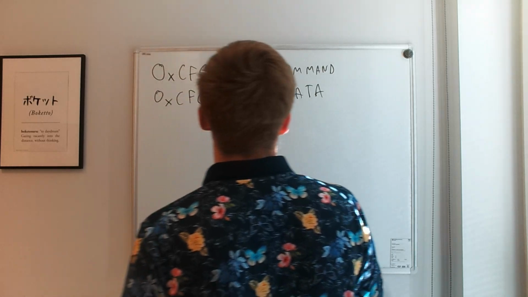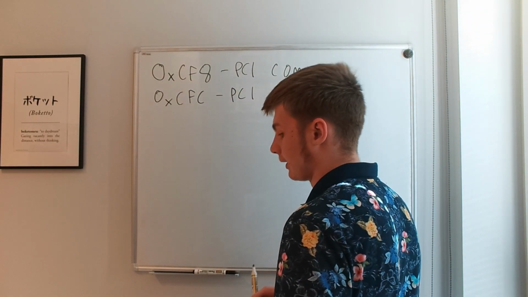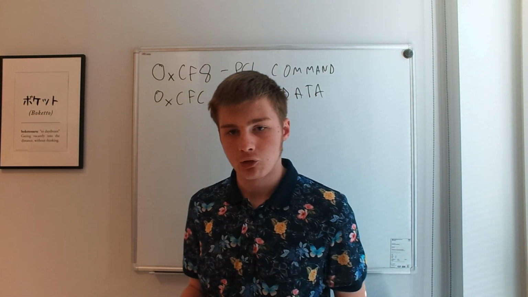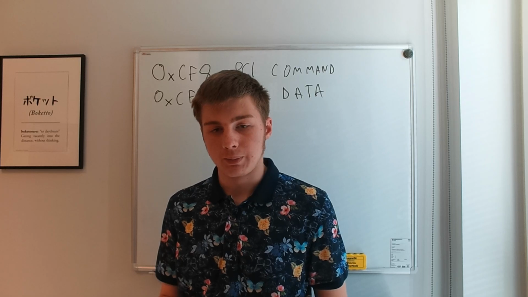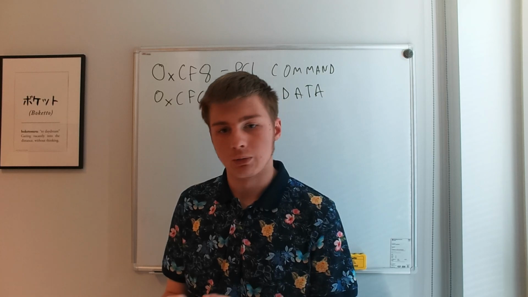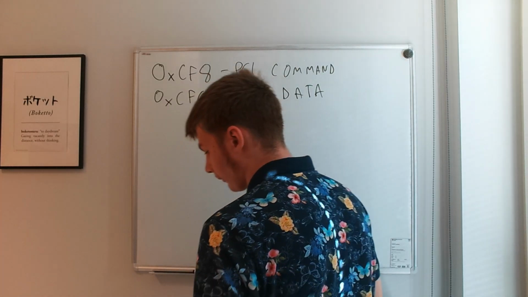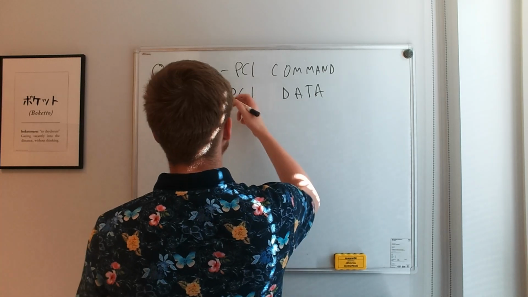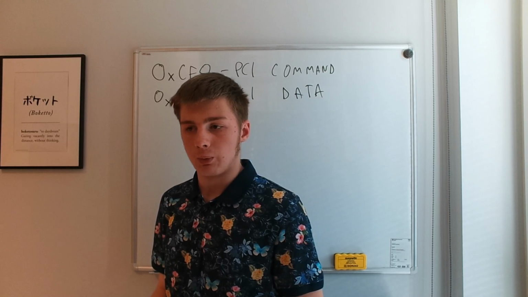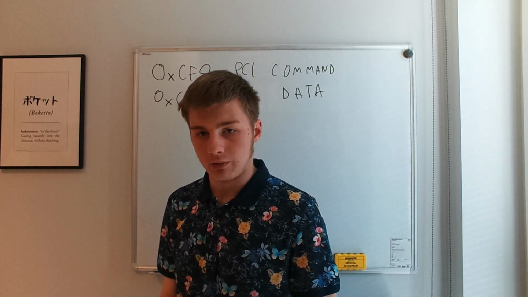So let's start with reading some information. Let's say we want to obtain some information, having specified a bus, a device, a function, and a register offset. To the command port, we'll have to send something called a PCI ID, which will unambiguously specify all of that information.